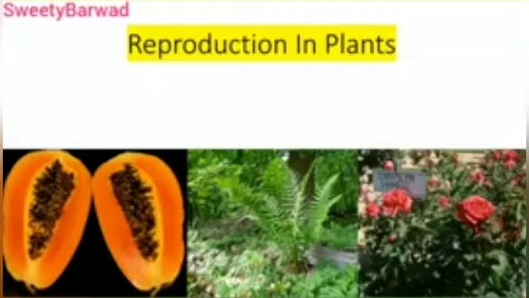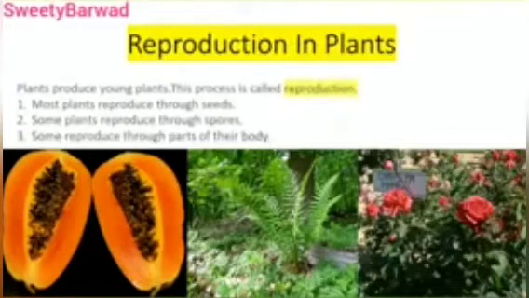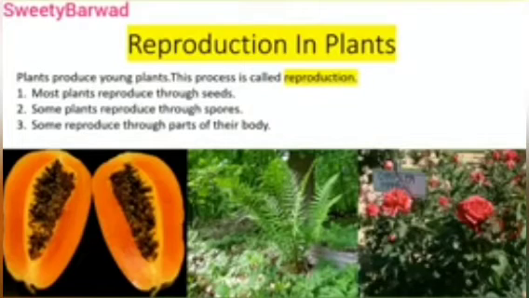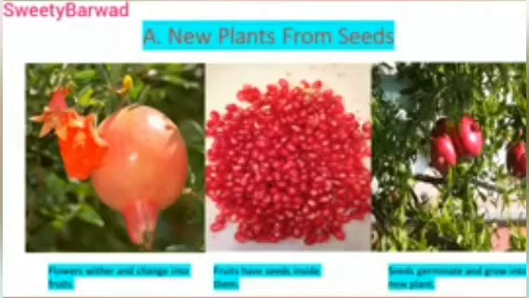Plants produce young plants, and this process is called reproduction. Most plants reproduce through seeds, some plants reproduce through spores, and some reproduce through parts of their bodies. Most plants bear flowers.